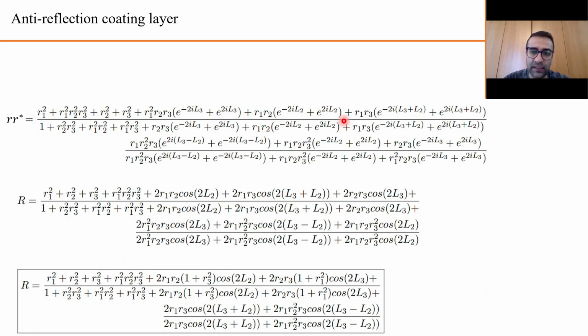You will get this equation, and just after some resorting of these terms, you can easily check that this is exactly the same term that you saw on the website pveducation.org when we have two thin layers. It's a simple mathematical calculation, and you can easily check everything here.